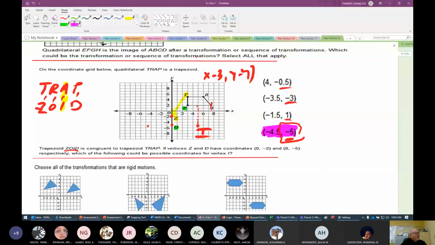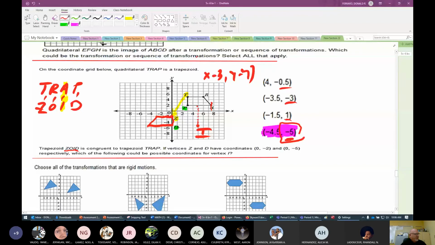And that trapezoid would end up looking like this, and we're 1, 2, 3 there. So it's 1, 2, 3 there. So we essentially have a reflection and a move from that.